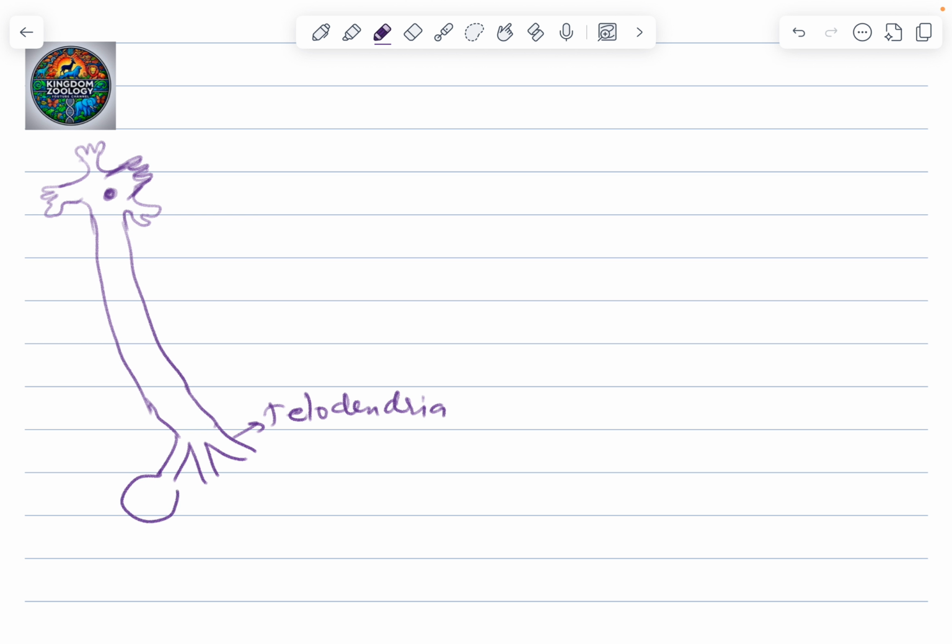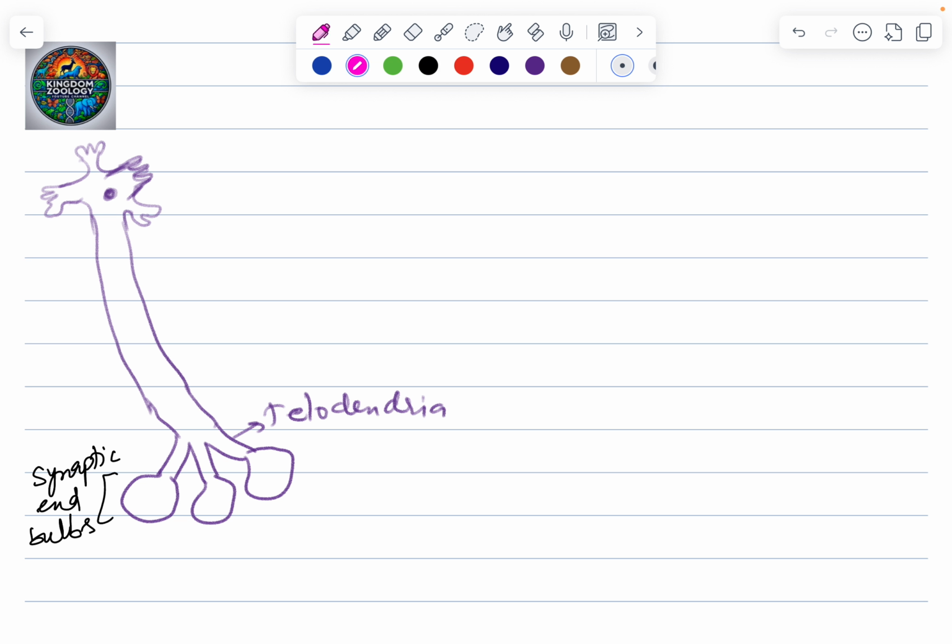The telodendria, I told you, will end in the form of rounded ball-like structures, which are called the synaptic end bulbs or the synaptic knobs. Inside these synaptic end bulbs or knobs, we had the neurotransmitter chemicals stored, and the neurotransmitter chemicals that are stored over here would also be covered with lipid membranes.